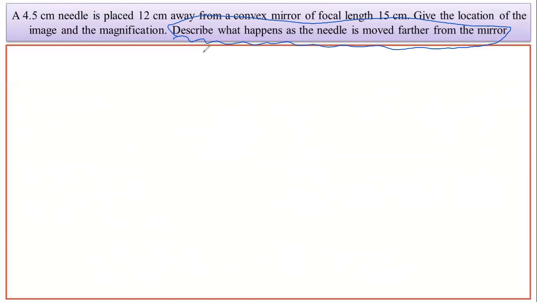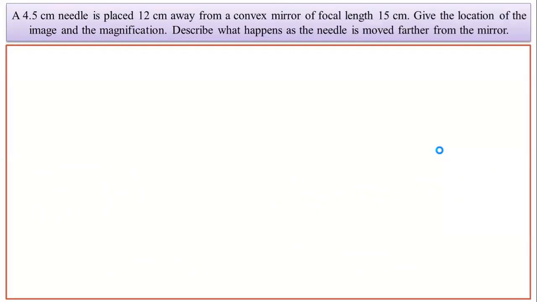The nature of virtual will be maintained, and the nature of erect will be maintained, but the size of the image will get smaller, and it will form at the point F. Instead of forming between the pole and F, it will form at F. So that was the thing you need to remember over here. This was another calculation we had to do for understanding the concept of the mirror formula.